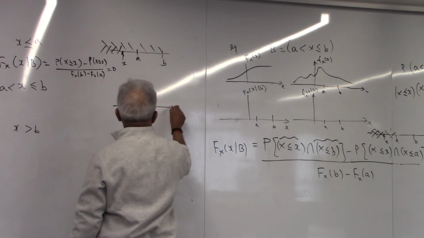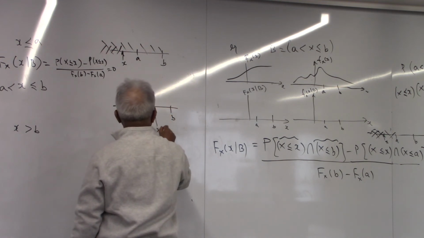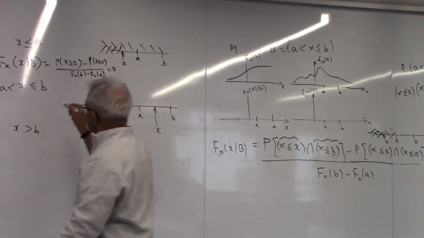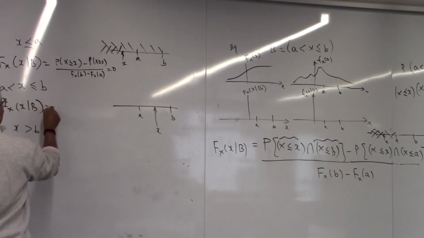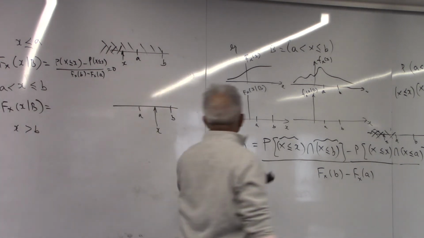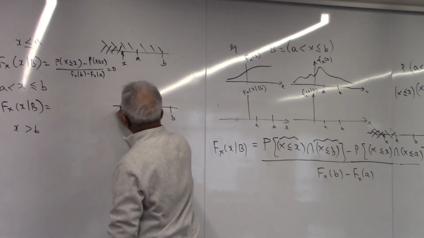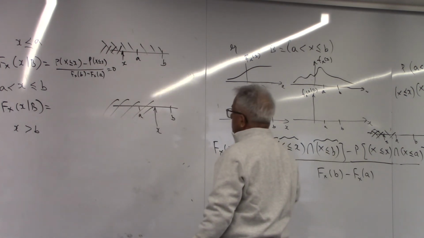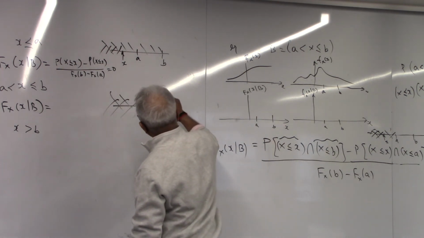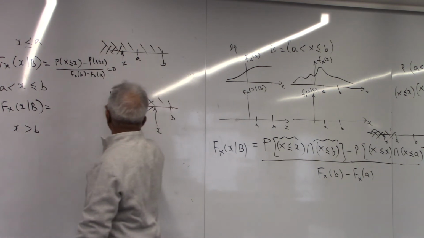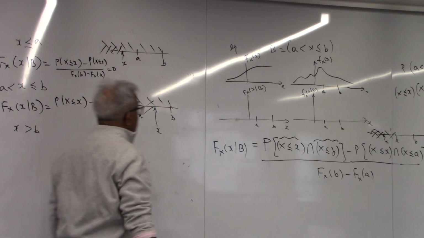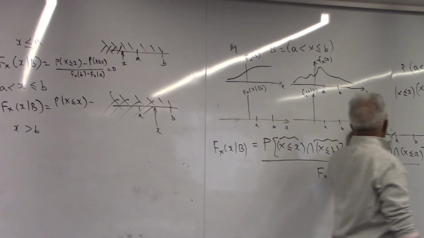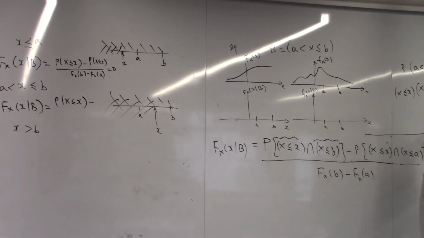So now let's do the middle case. A is still here, b is here, but the small x is here. So the same formula, f_X of x given B. So here, X less than x, which is going to be the random variable less than x from here, and X less than b, which will be this. So the first term, the intersection, is going to be probability of X less than or equal to x, minus, you have a here, b here, x is here.